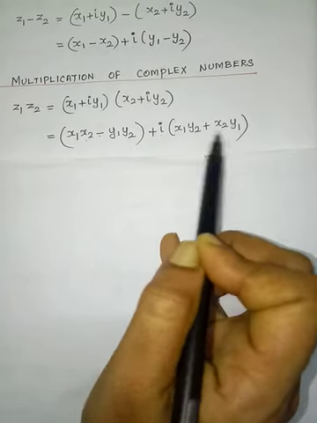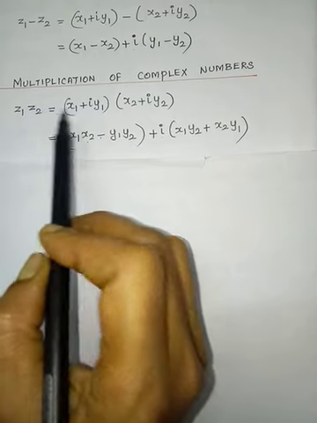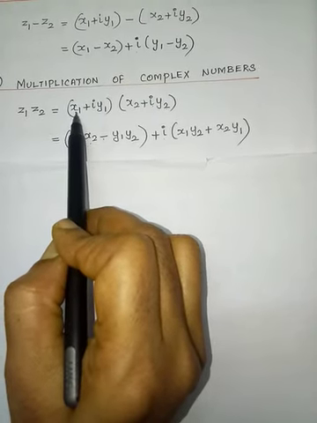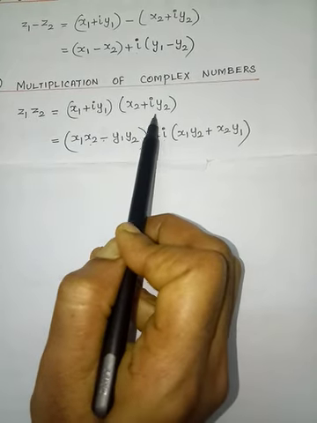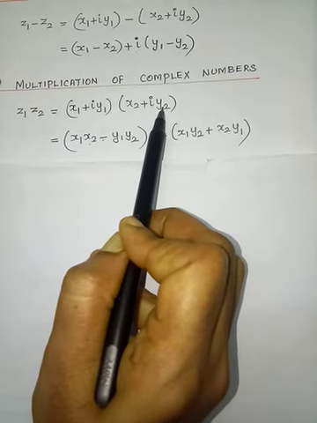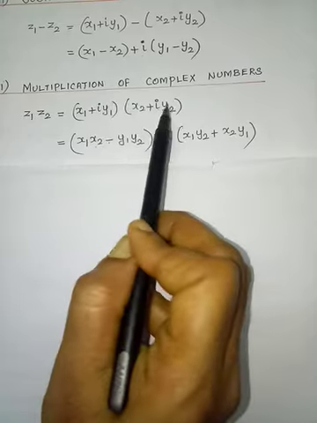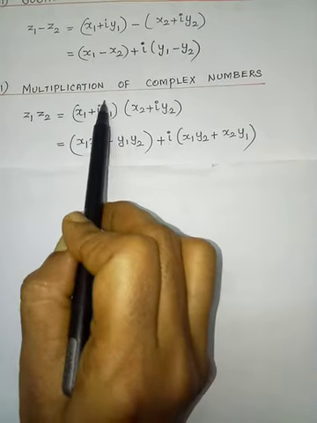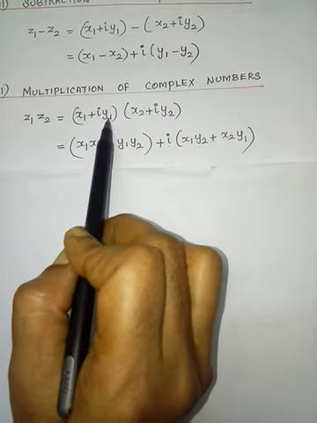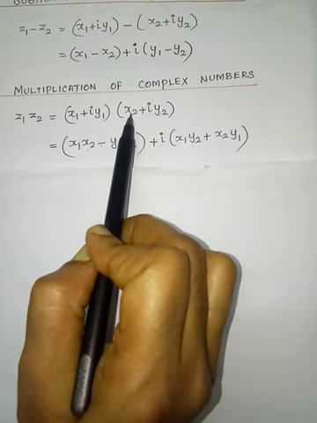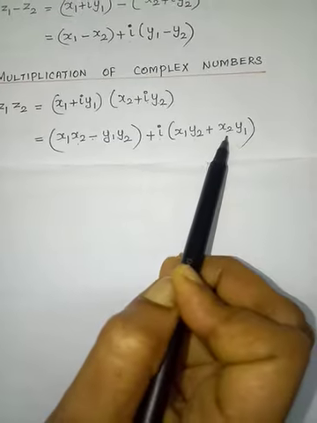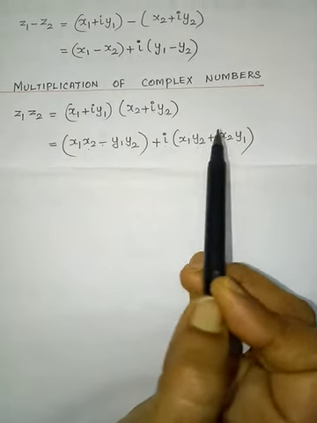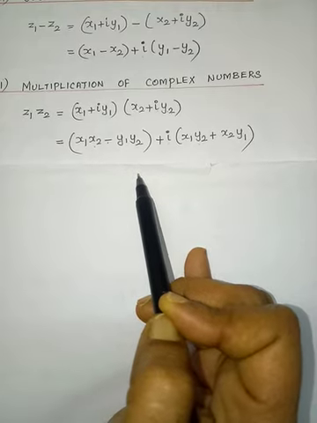To write the imaginary part of z1 z2, you take the real part of the first complex number, multiplied with the imaginary part of the second number. So x1 y2 plus, in the same way, the imaginary part of the first number multiplied with the real part of the second number. So x2 y1. If you do like this, you will arrive at the answer in the next step.